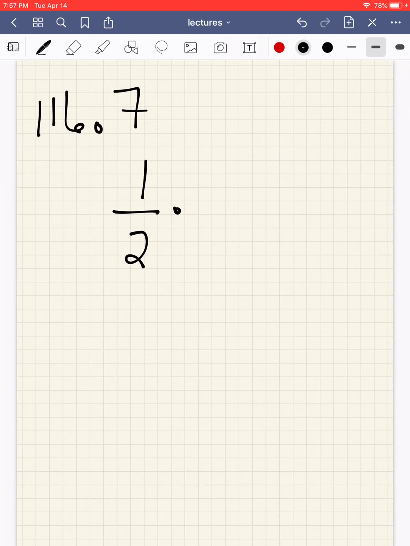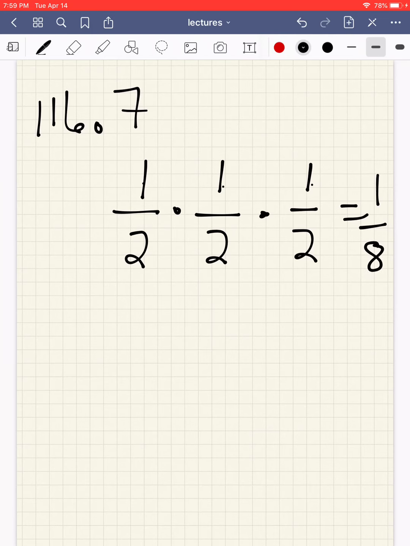What's the probability on the second toss? Still 1 out of 2, because there's only 1 head out of 2 sides. Last, the third toss, 1 out of 2. So 1 times 1 times 1 is 1 over, this is not 3 times 2, it's 2 times 2 is 4 times 2 is 8. So we have a 1/8 probability of it coming up heads every time if we toss it 3 times.